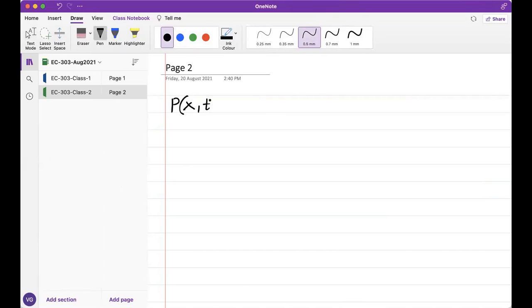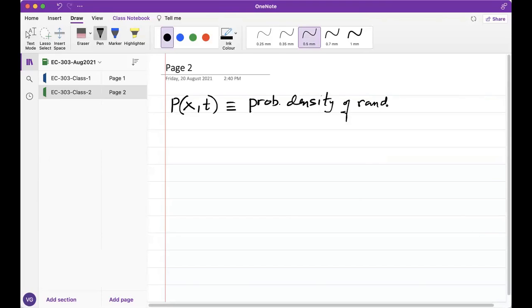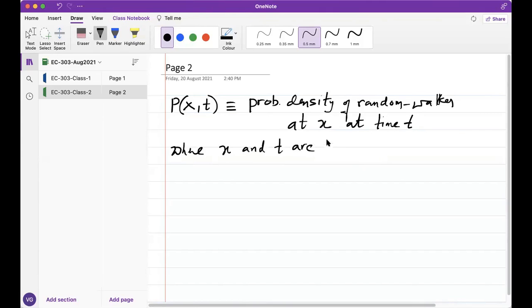Let's define P(x,t) as the probability density of a random walker at x at time t, where x and t are both continuous.